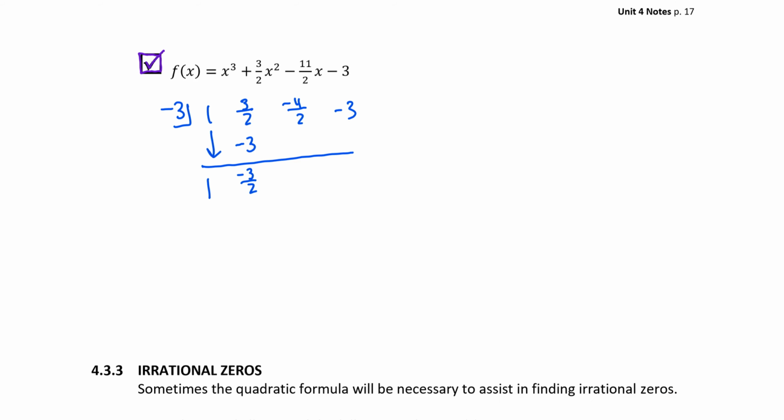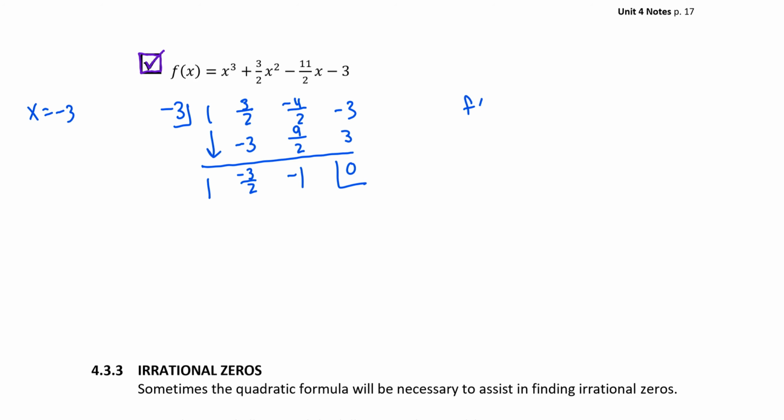It makes it really easy. Okay? -3 times -3/2 gives us +9/2. -11/2 plus 9/2 is -2/2 or -1. And -3 times -1 is +3. So we have confirmed that x equals -3 is one of our zeros.